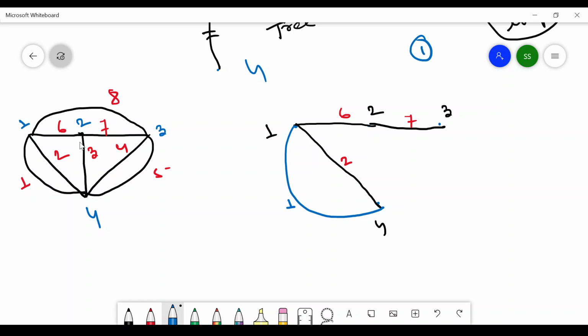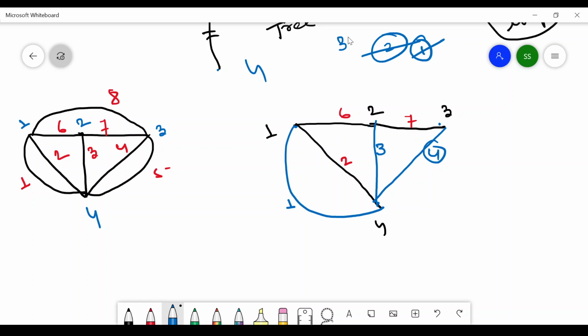Then branch number 2 is already there, so branch number 3. If I draw this branch number 3, we get this particular loop. So we have 2 loops. Then we connect branch number 4 here, and we get this independent loop.